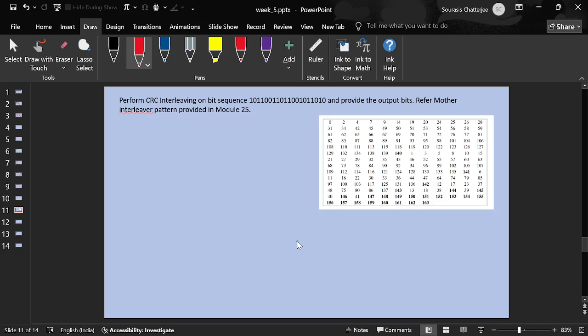It is a function of both the polynomial and the input bits, and that polynomial decides, for a particular CRC bit, which input message bits are responsible for generating that parity bit. Interleaving is done in such a way that in the interleaved output, the message bits responsible for generating a parity bit always come before it, for all the CRC bits, right?